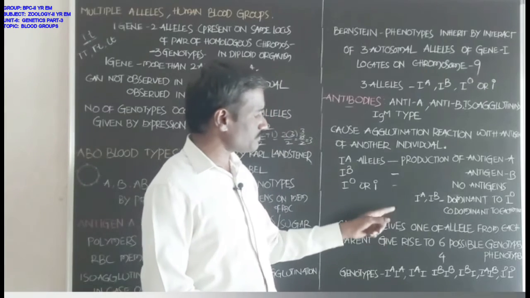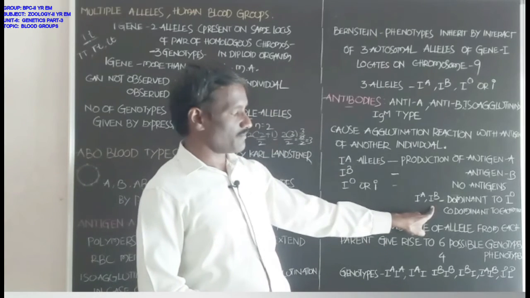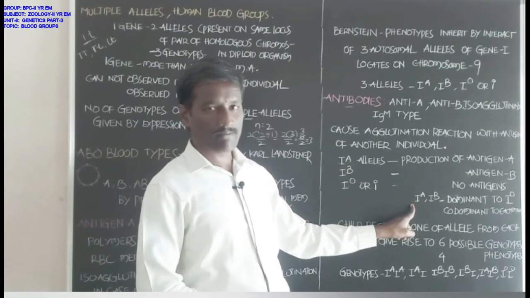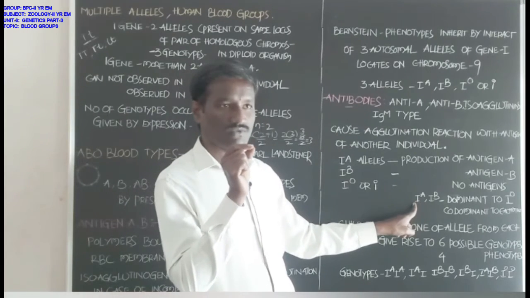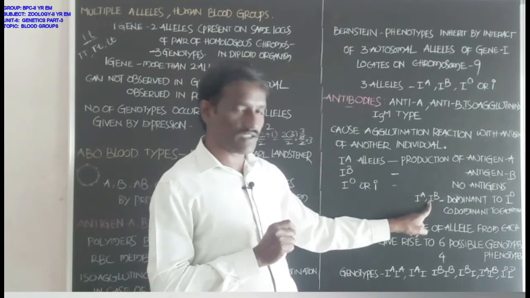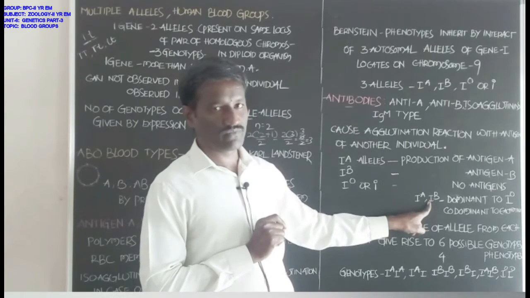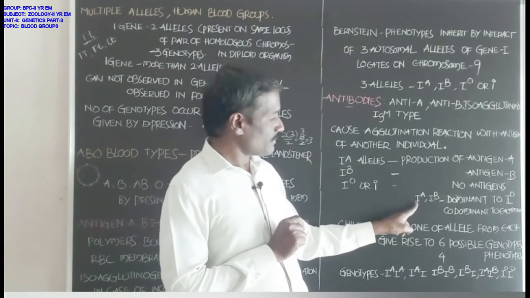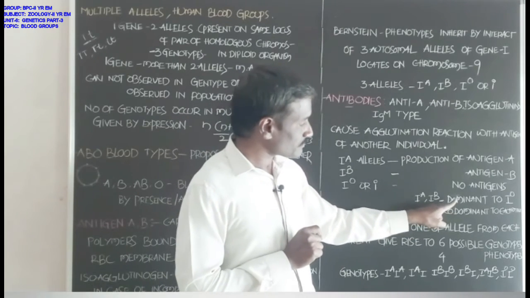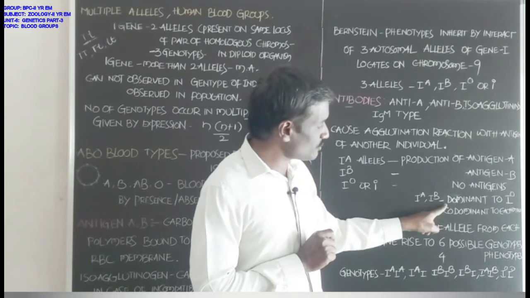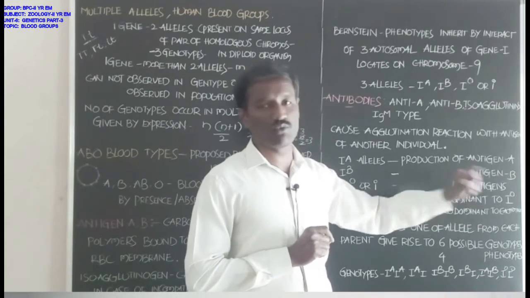Okay, students, IAIB: the child receives IA from one parent and IB from the other parent. IA and IB are dominant to IO.